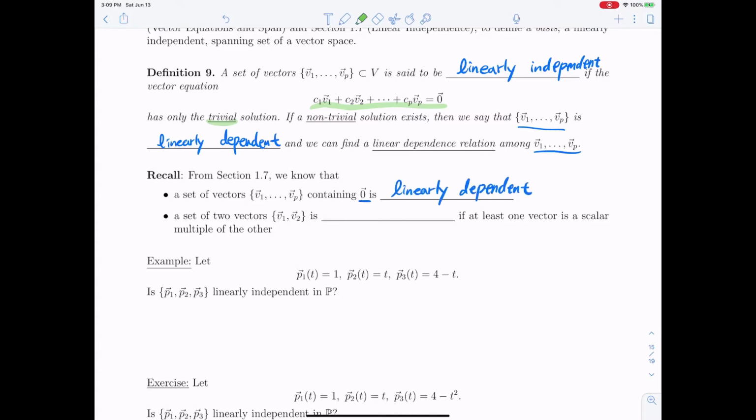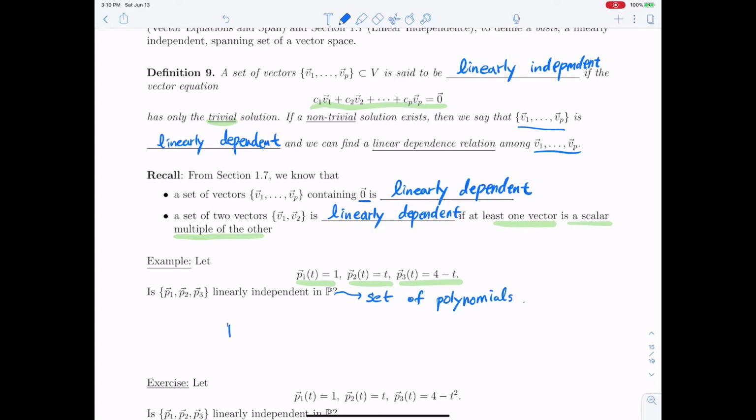And if you have a set of two vectors such that one vector is a scalar multiple of the other one, then it is linearly dependent again. So let's look at some examples. Suppose that you have three different vectors in a set of polynomials. Here P is the set of polynomials. Then P1, P2, and P3 are linearly dependent because we can find a linear dependence relation.